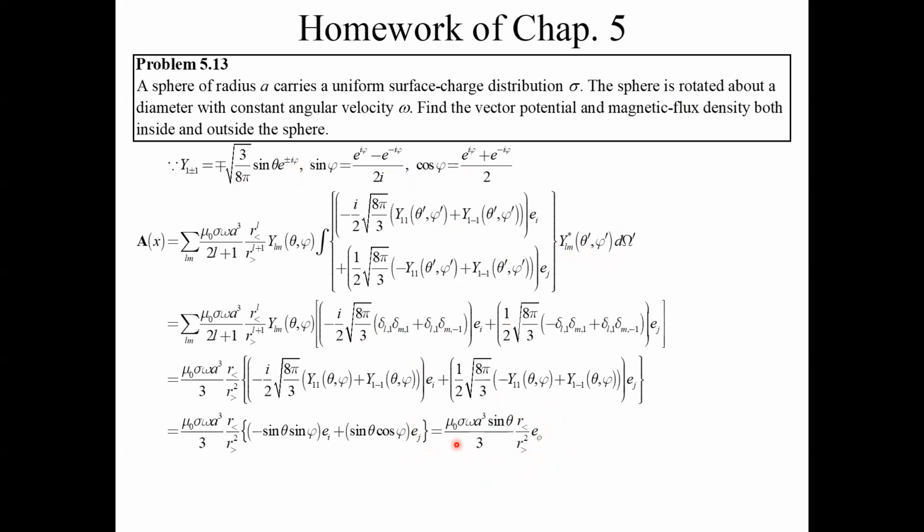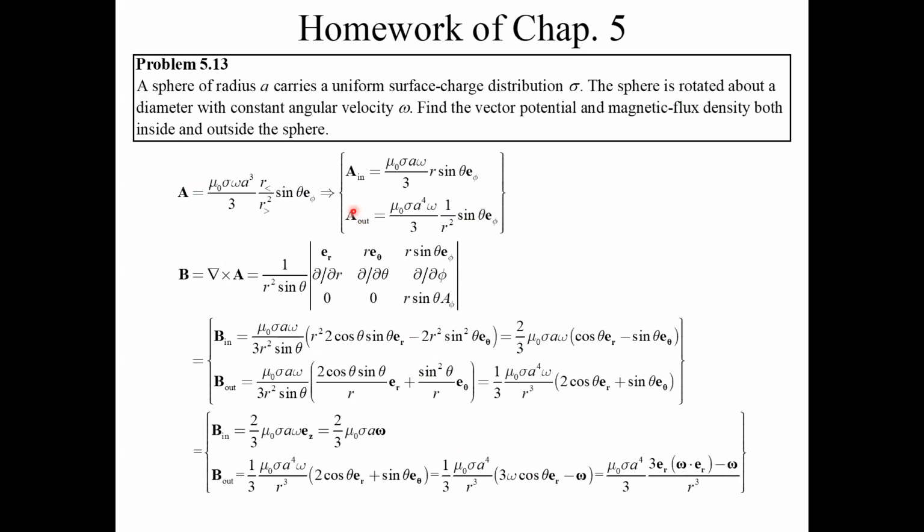And next, we consider the outside and the inside potential. And next, calculate the magnetic field. And finally, the answer will be like this one and this one. This is the inside magnetic field. This is the outside magnetic field.